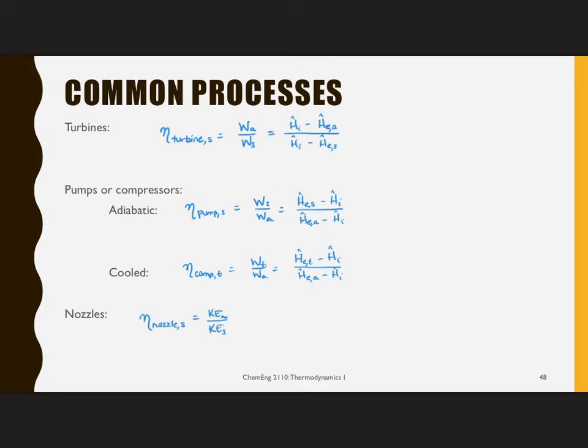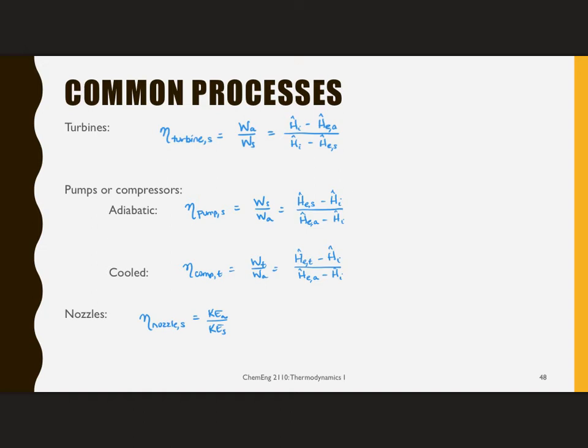So the ideal is going to be usually reversible and adiabatic. They're very small devices, so we don't expect much opportunity to lose heat through the walls of a nozzle. Therefore, the nozzle efficiency is the actual kinetic energy divided by the ideal kinetic energy.